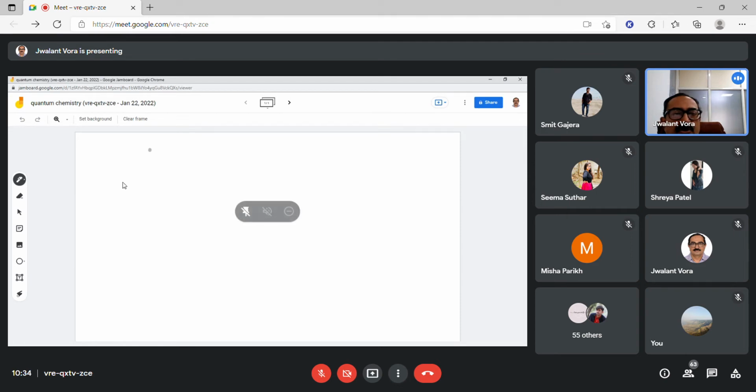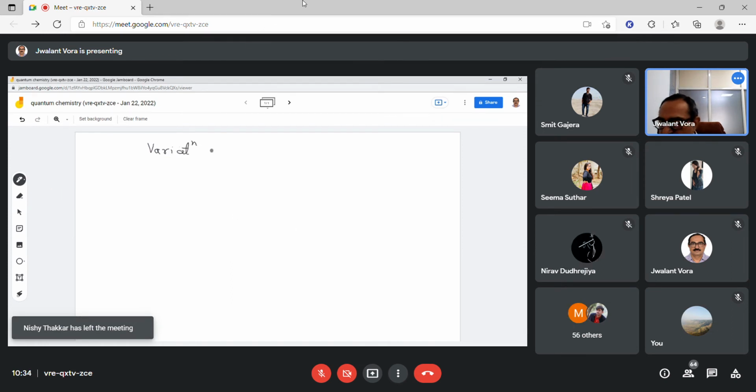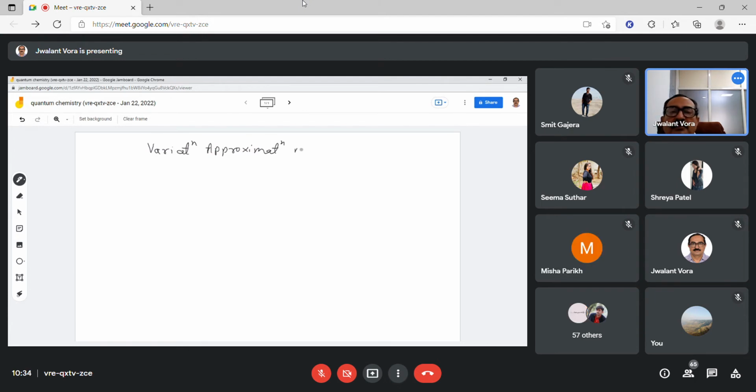Today we are going to talk about the variation approximation method. There are basically two approximation methods. One is the variation principle, second one is the perturbation theory.